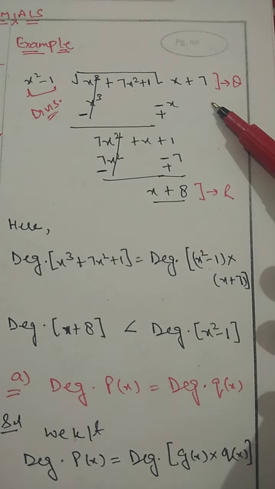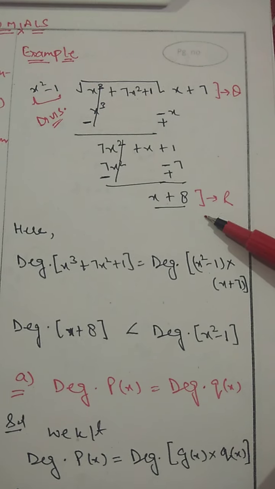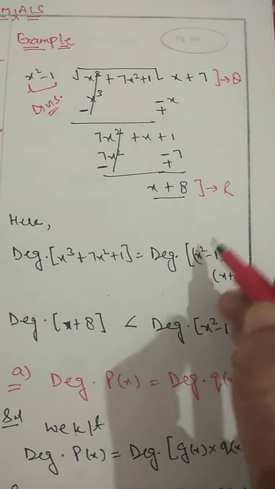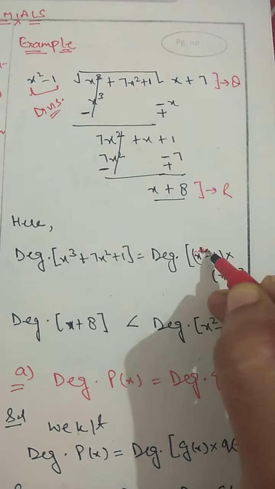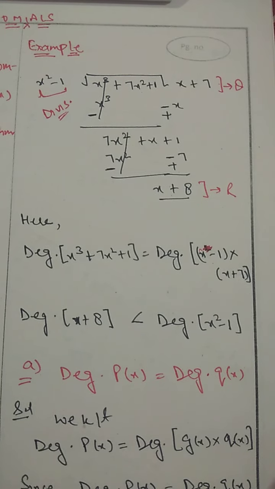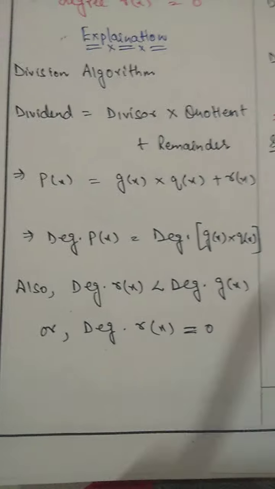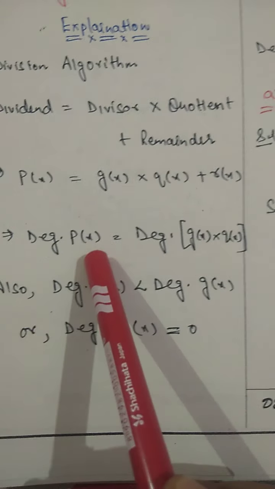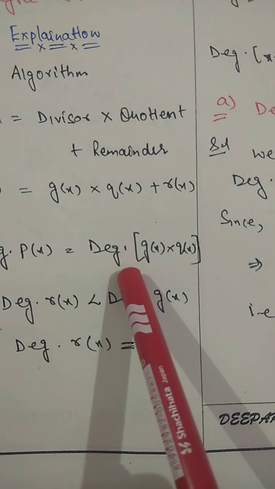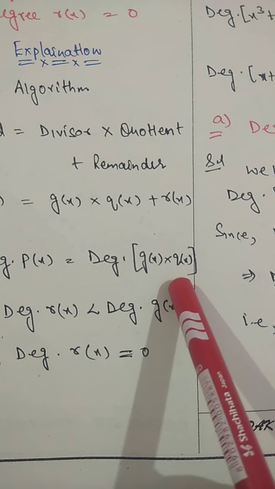It is not x square, it is only x here. So it will prove the point that the degree of the dividend is equal to the degree of the quotient into the degree of the divisor.